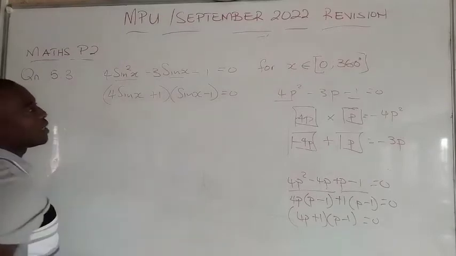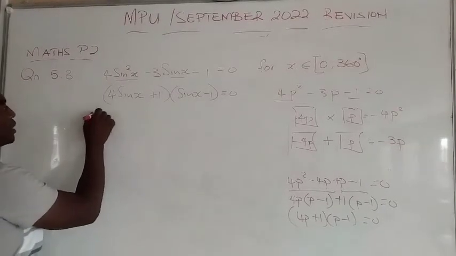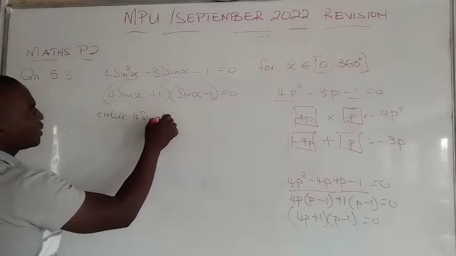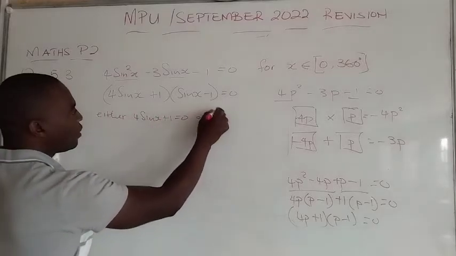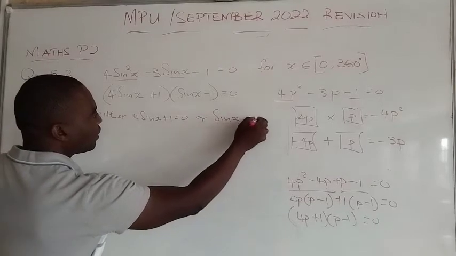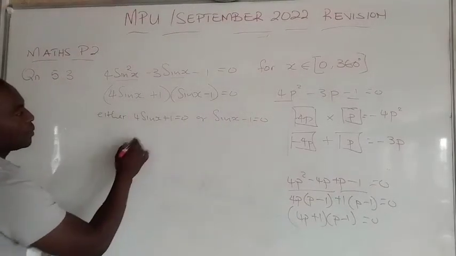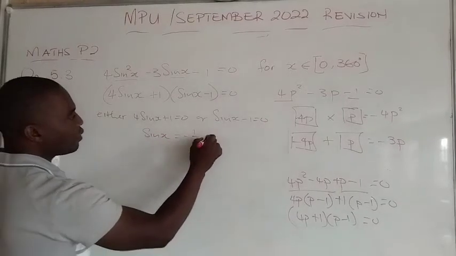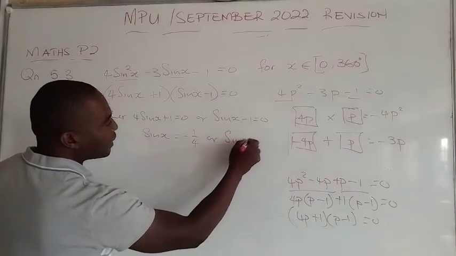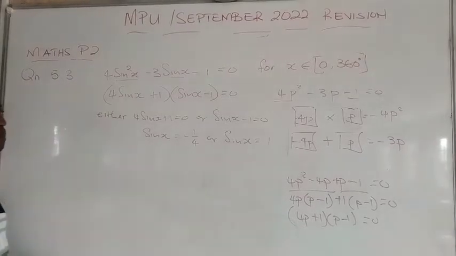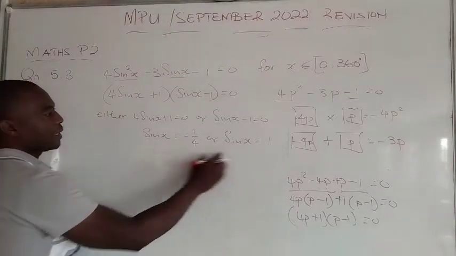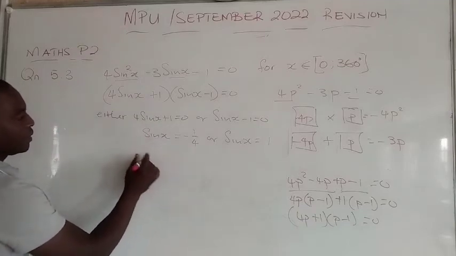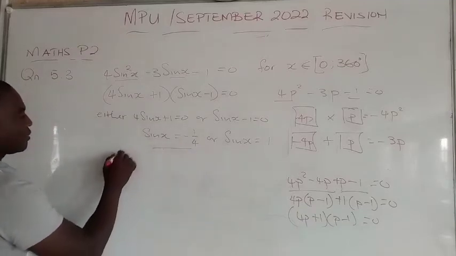Now, then you use the zero rule. That means either 4 sine x plus 1 is equal to 0, or sine x minus 1 is equal to 0. So this will be sine x is equal to negative 1 over 4, or sine x is equal to 1. Now, we understand that we need to find the reference angles from here. So let's work with this one first.